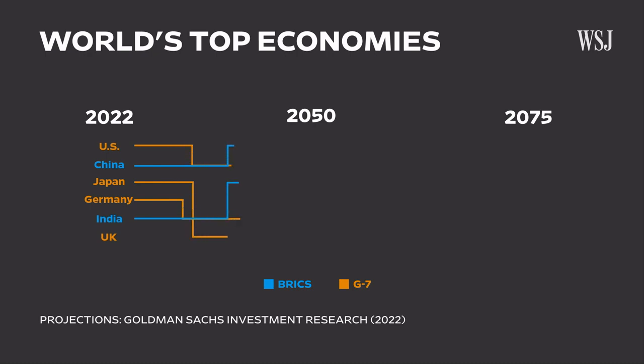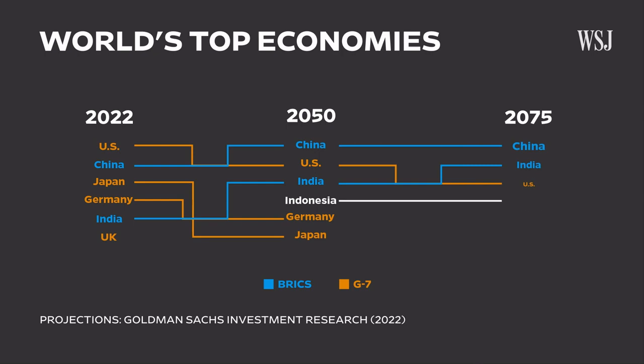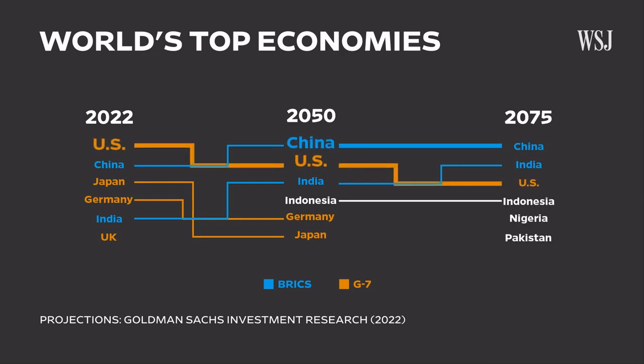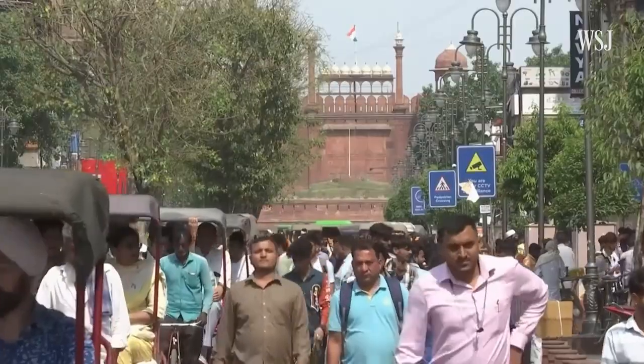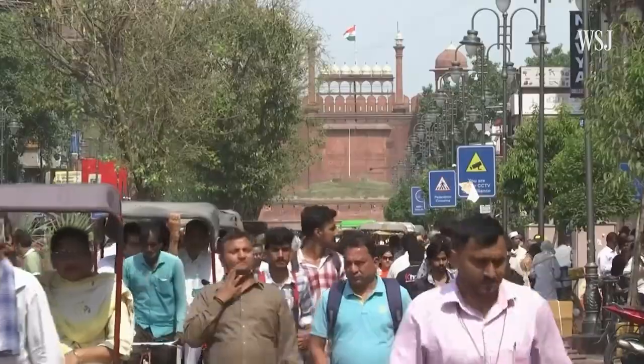Projections by Goldman Sachs show the world's economic balance shifting towards the BRICS and emerging economies. China is expected to overtake the US as the world's largest economy by 2050, with India climbing to number 3. China and India have experienced massive growth since the BRICS were founded in 2009 and certainly have helped them swell in importance and remain relevant on the global stage.